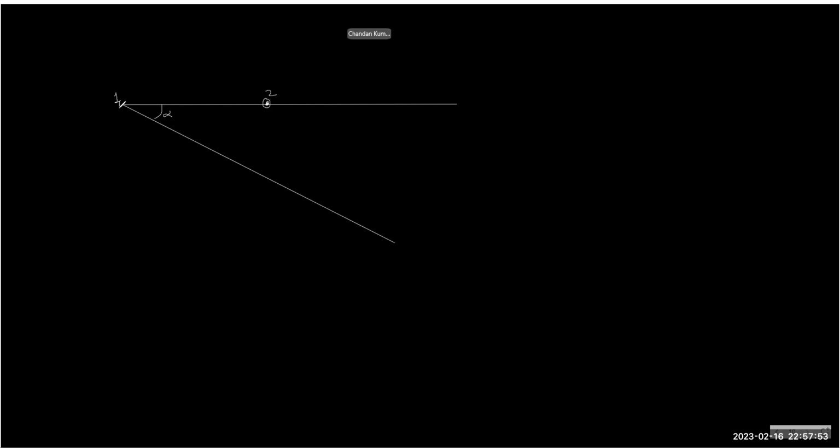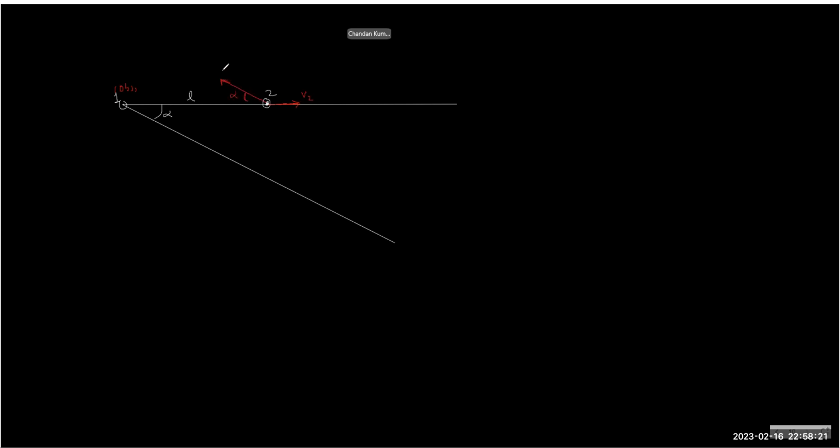Tell me, guys, what you want to make the observer, 1 or 2? 1, sir. If 1 is the observer, then 2 will have velocity V2, and how will the V1 be? Upward at an angle alpha only.